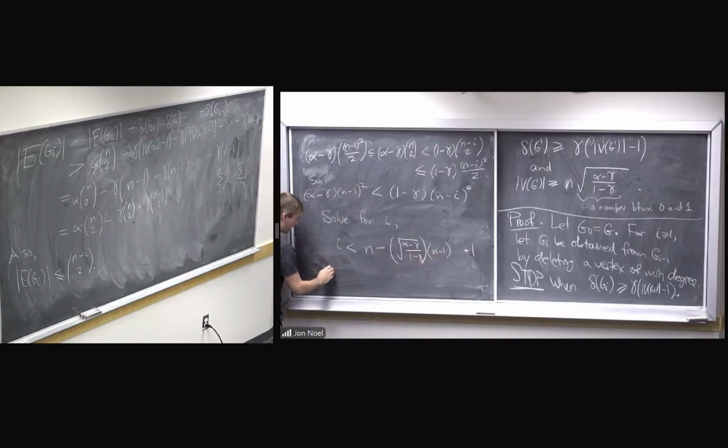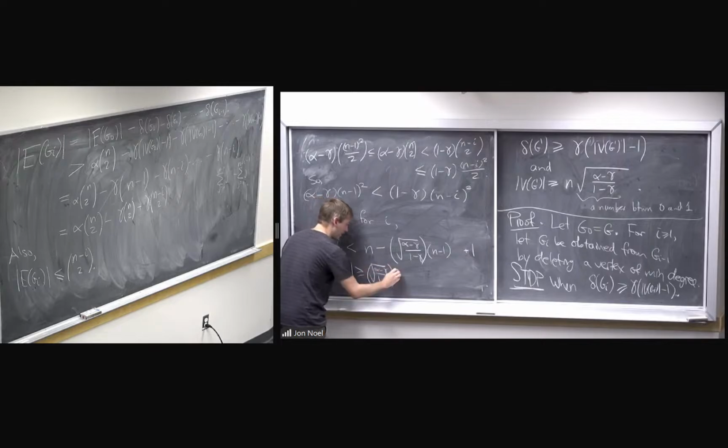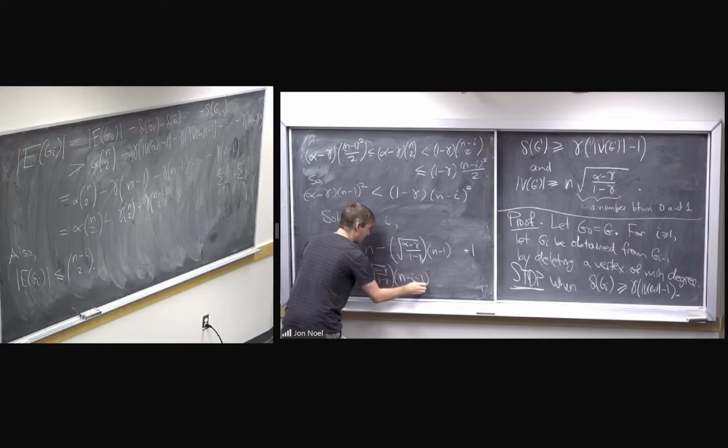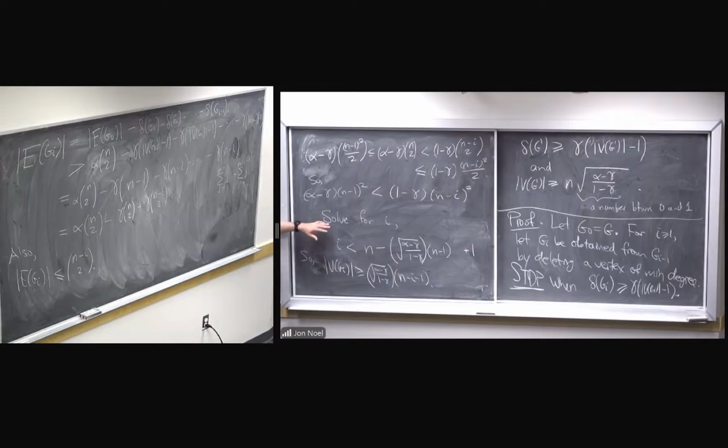So in any case, the number of vertices in GI turns out to be at least square root of alpha minus gamma over 1 minus gamma times n minus I minus 1. But each of these steps is really just algebra. And that's the number of vertices in GI minus 1. So it's what we wanted.